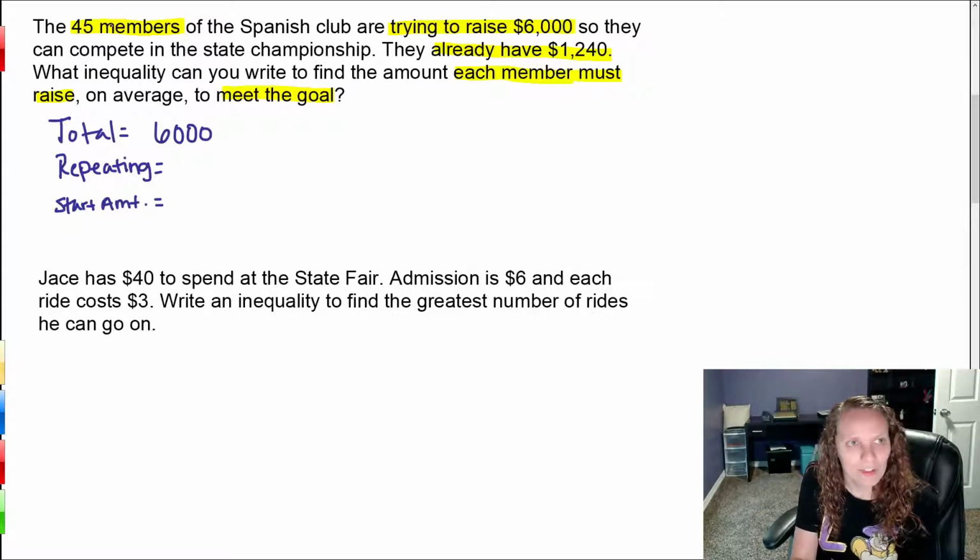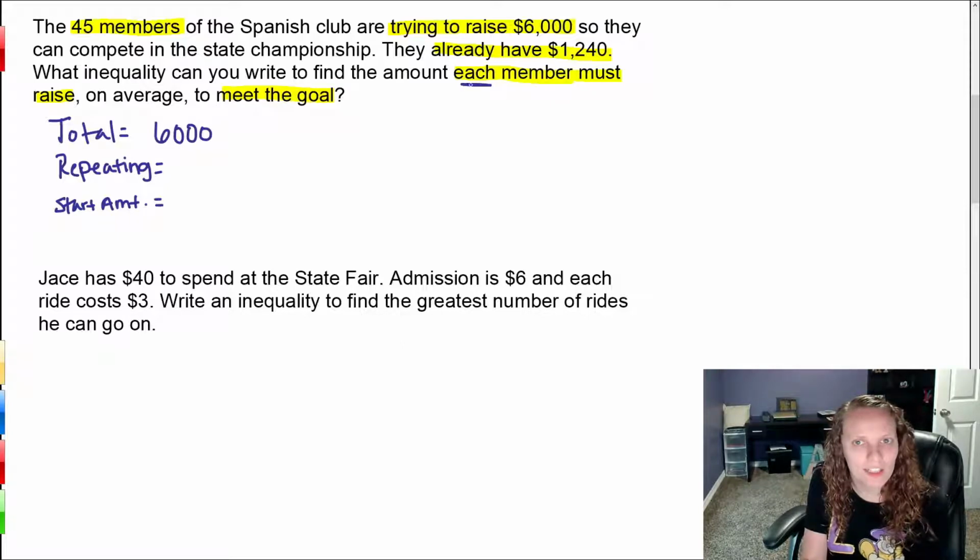Repeating. We know there's 45 members. They already have $1,240. Each member must raise, each member. So I'm seeing the keyword each member here. Each is one of those repeating keywords, okay? So since the members are repeating, 45 is our repeating value. And then the starting amount, we know that they already have $1,240.